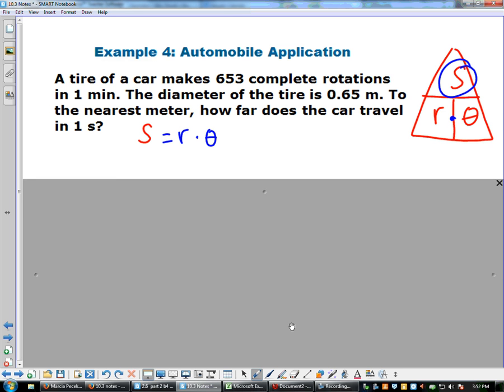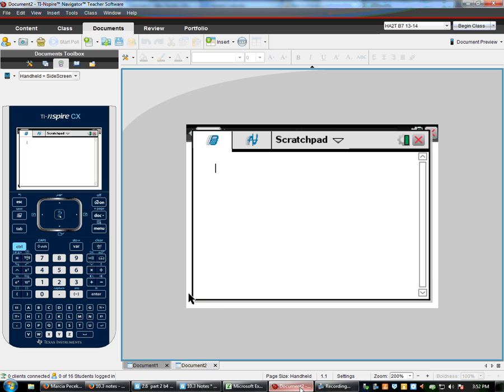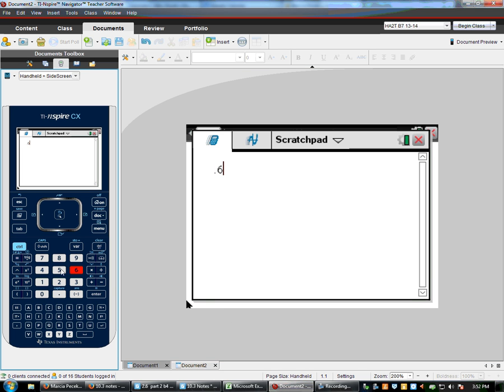We have our tire here, and we know that the diameter is equal to 0.65 meters. Hopefully you remember that a radius is half of the diameter. So we take that 0.65 and divide it by 2. So our radius is 0.325.